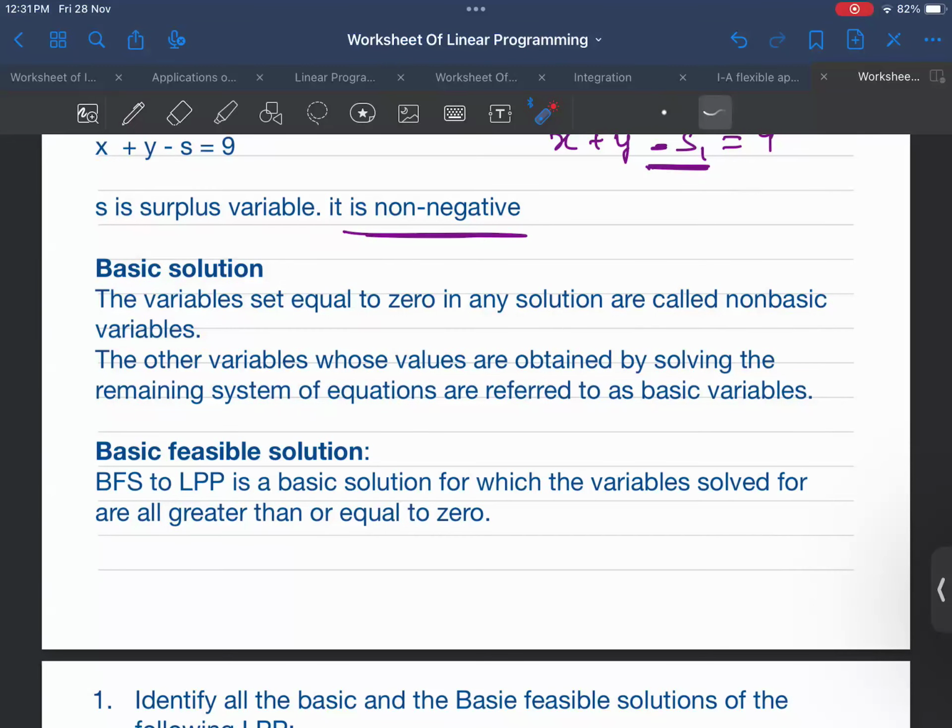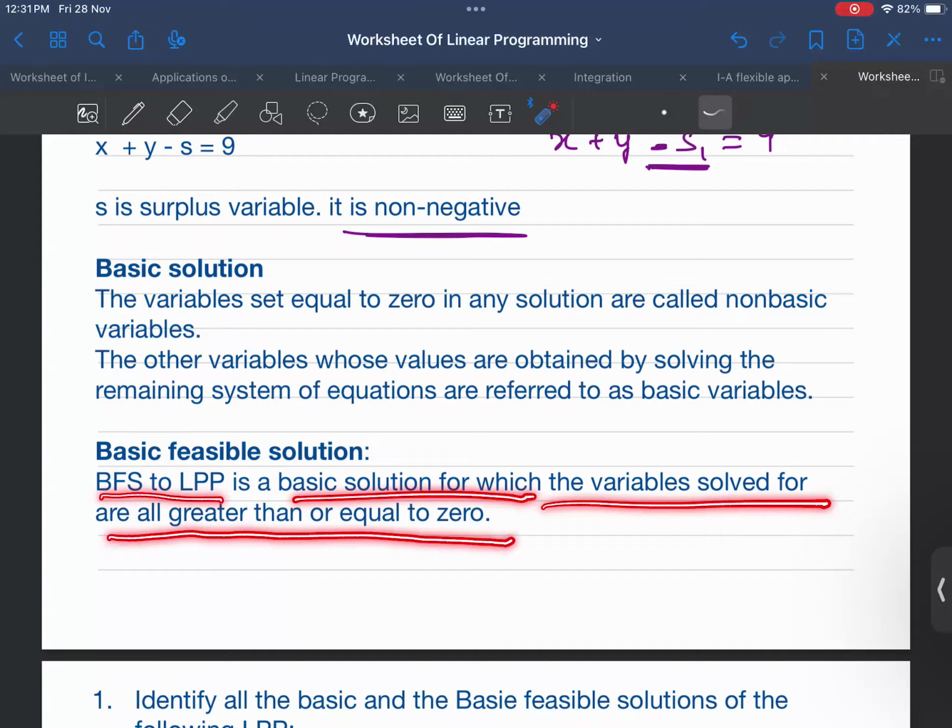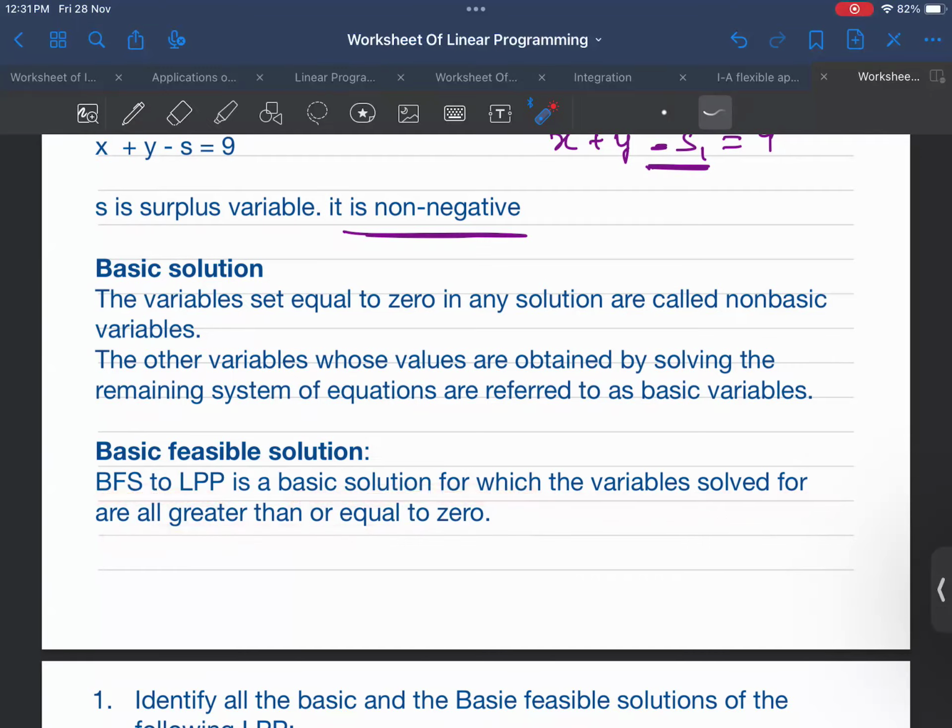When we solve equations in simplex, the variables whose value comes as zero are the non-basic variables, and those that are non-zero are known as basic variables. We will bring this to the table of the simplex method. I will explain it in more detail later. Now, a basic feasible solution to an LPP is a basic solution for which the variables solved for are all greater than or equal to 0.